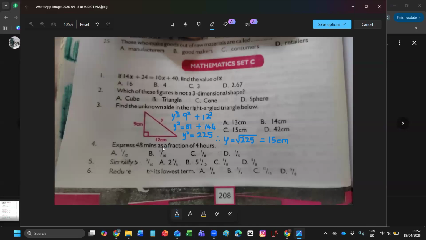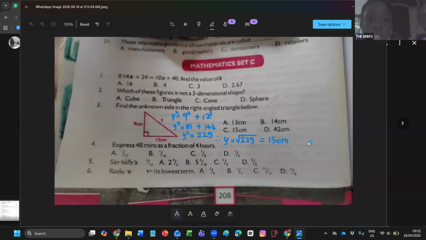How did you get 240? I'm interested. Yes, 4 times 60. How many minutes are there in an hour? 60 minutes. So 60 times 4 equals 240. Good.